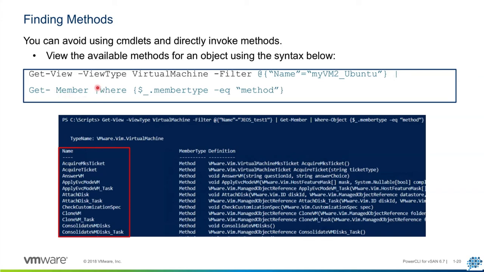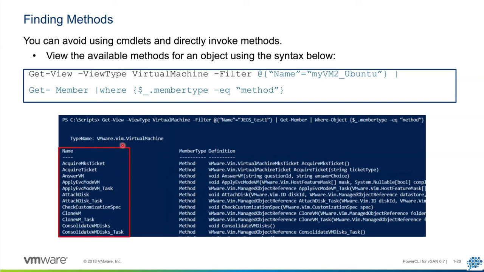And I'm going to pipe it again into the Where commandlet, which is basically a search mechanism, and I'm going to look for the methods of this object. So I'll just say MemberType equals Method. Please remember that we have to follow this syntax exactly when it comes to view objects.